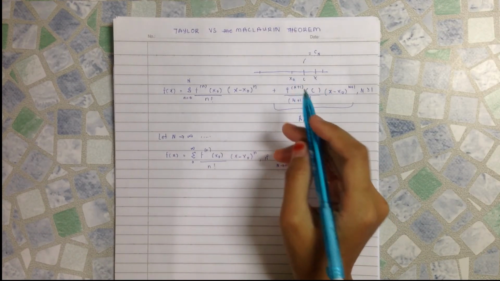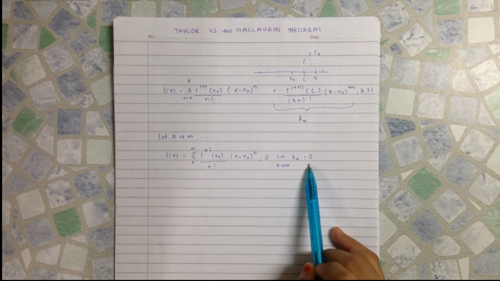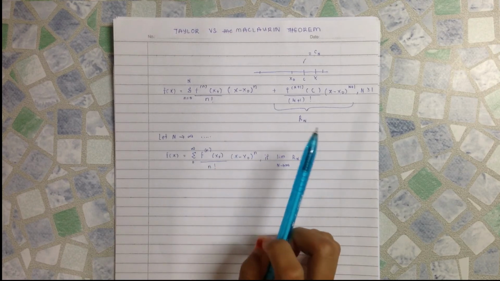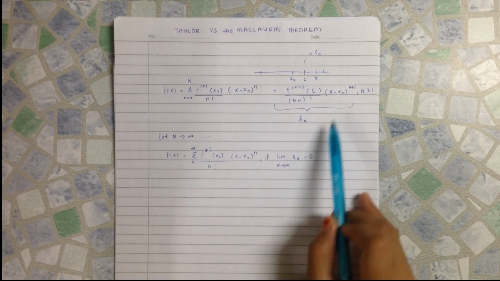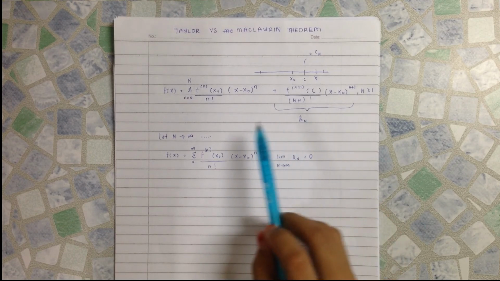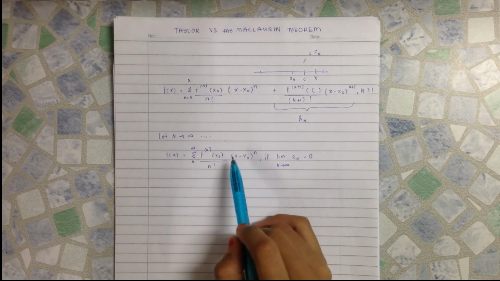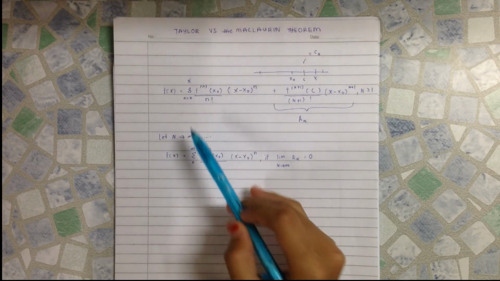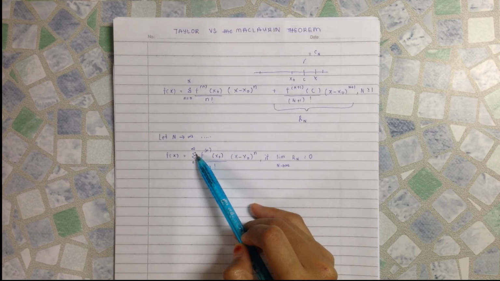If in the limit the remainder R sub n does converge to 0 as n tends to infinity on both sides, this term will vanish to 0, the truncated Taylor series becomes the full Taylor series, and f(x) stays f(x).